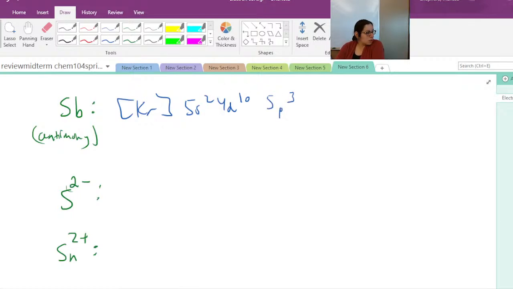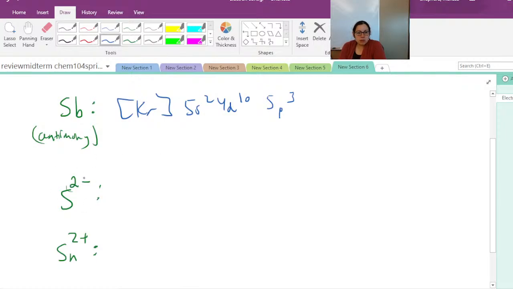So that looks good. I just wrote it in a slightly different order. That looks good as long as everybody has the correct total number of electrons. I'm not too picky whether you write 4d10 or 5s2 first, just as long as the total is correct.